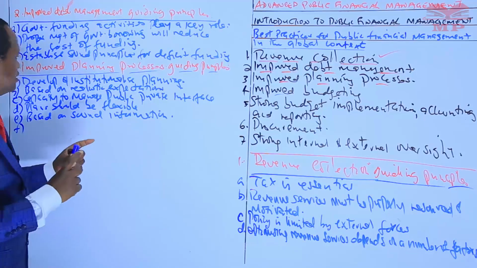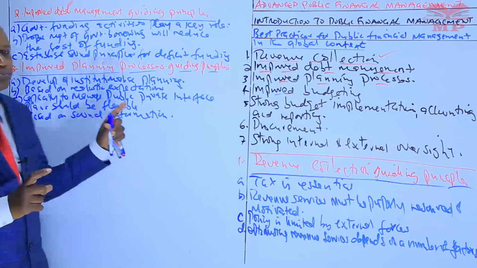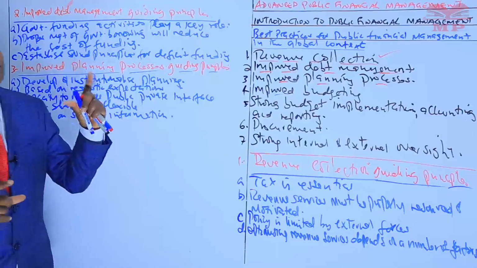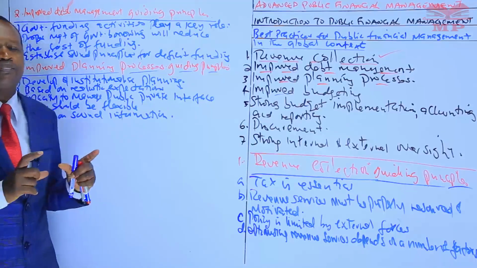And lastly, on improved budget planning processes, guiding principles, is to do with the issues identified during planning.